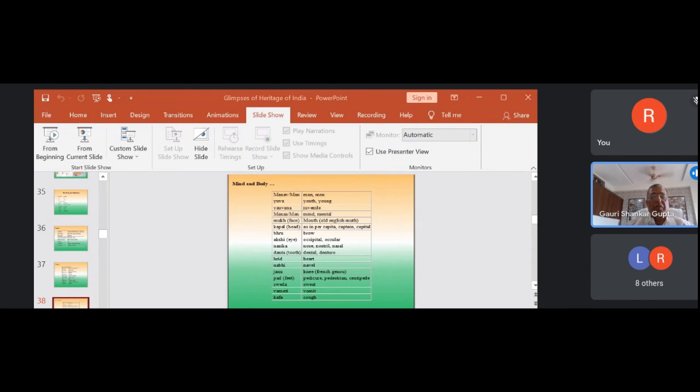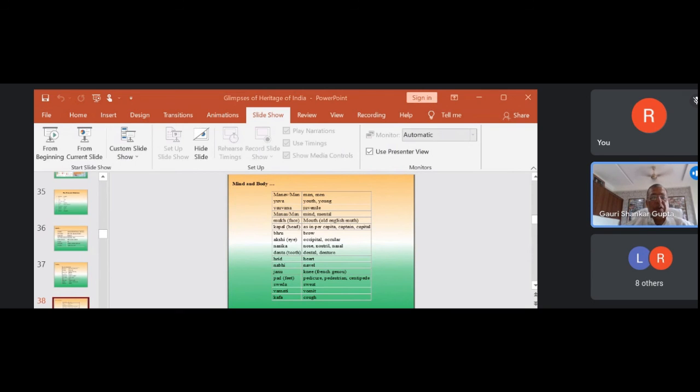Nasika, it becomes nostril, nasal, nose. So you can see how closely they are related to the Sanskrit roots. Dant becomes dental, denture. Rid, the root is rid, that becomes heart. Basically it is also rid in original English, but then gradually the pronunciation changed to heart.